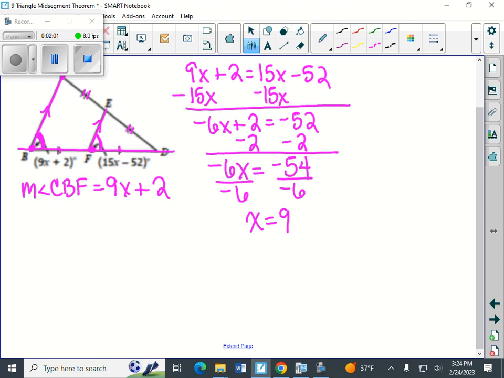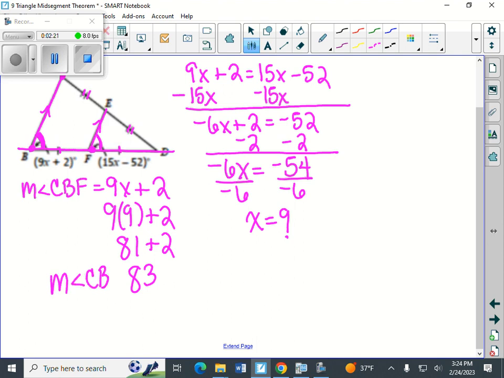So now we need to take this 9 that we just found and put that in for x. And then 9 times 9 is 81 plus 2. And 81 plus 2 is 83, which is what the measure of angle CBF equals.